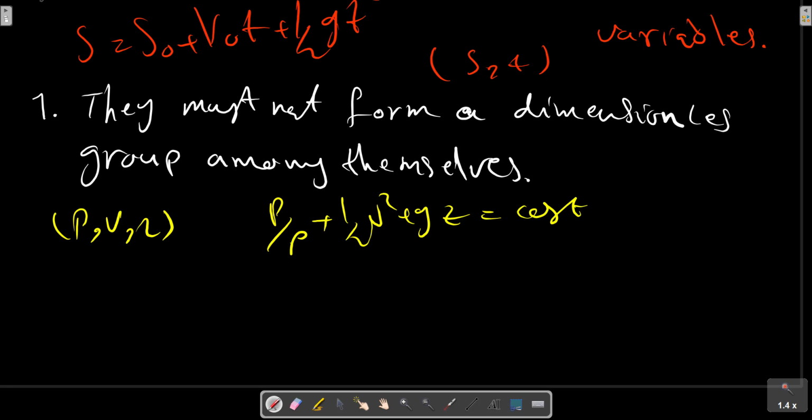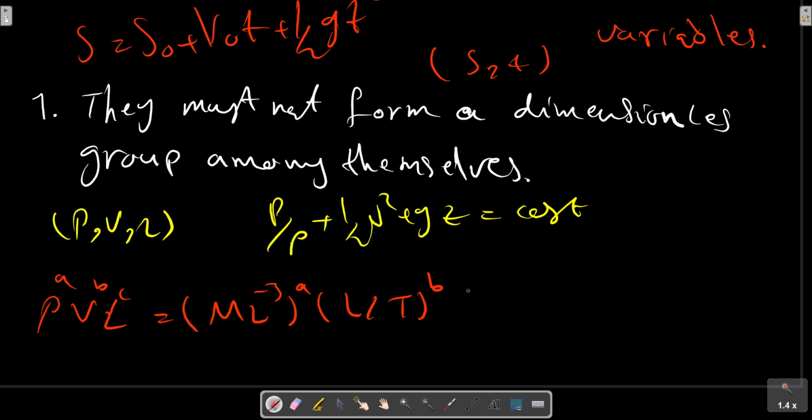So if we use the group of variables rho^A, V^B, L^C, rho is M L^-3, V is L over T, and L is L, which should give us the dimensions.